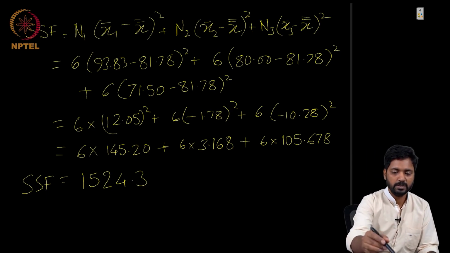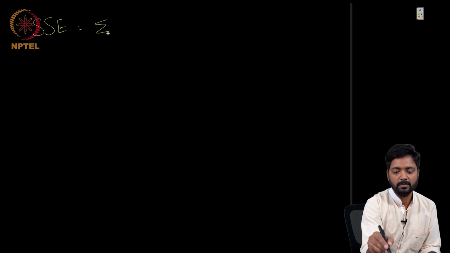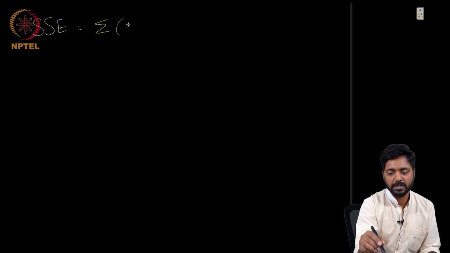sum of squares due to errors, which was nothing but the summation of the deviations present within each sample.